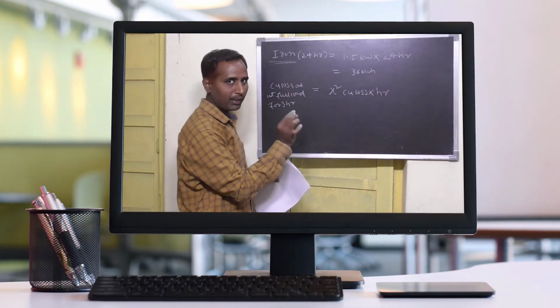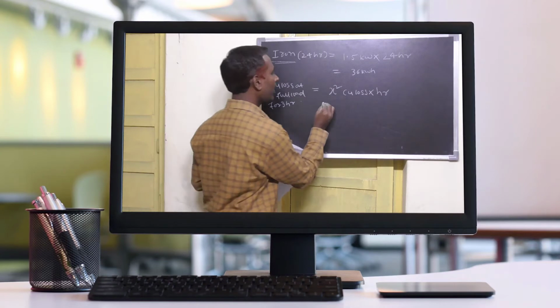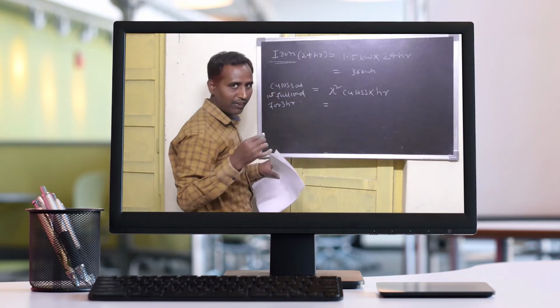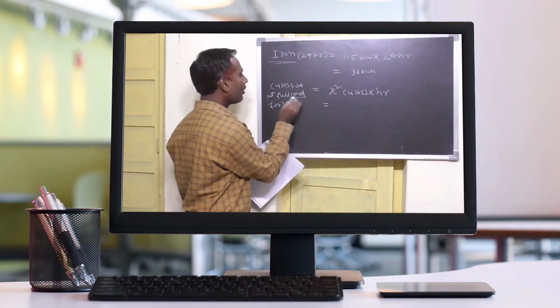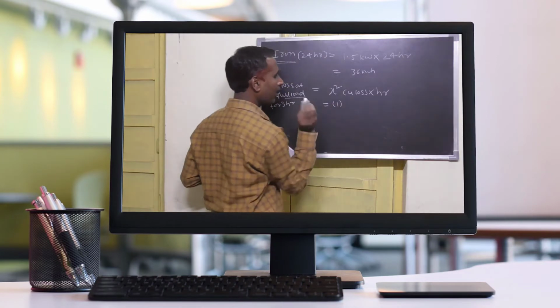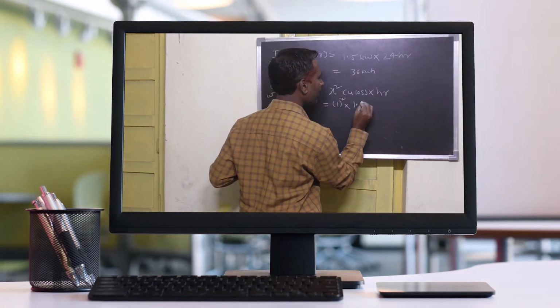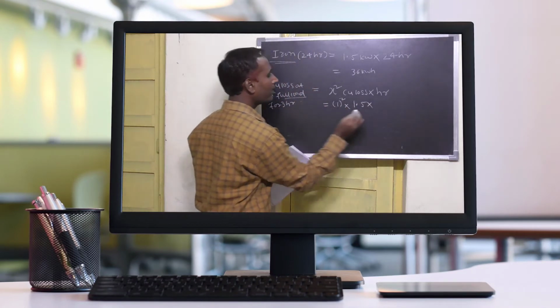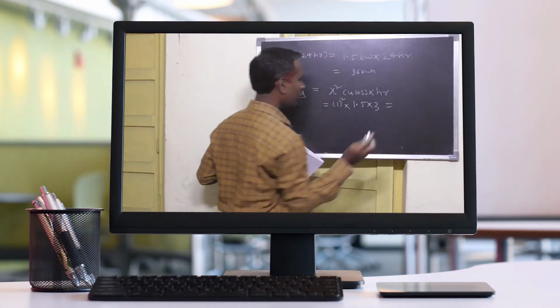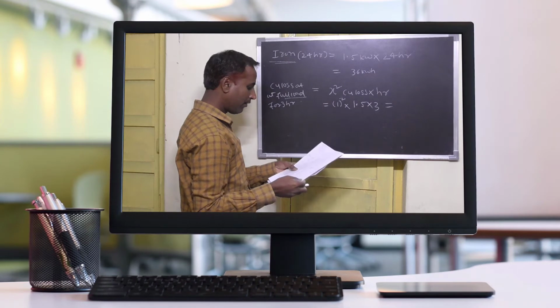Keep remembering this formula. We know that x is the fraction of load. At full load, x is 1, so 1 square. Copper loss is 1.5, hour is 3 hour. We get the answer 4.5 kilowatt hour.